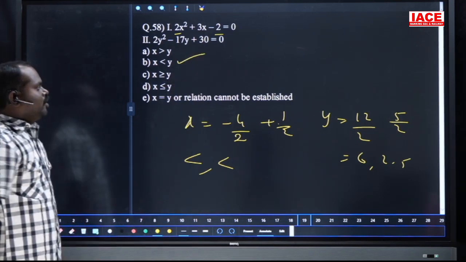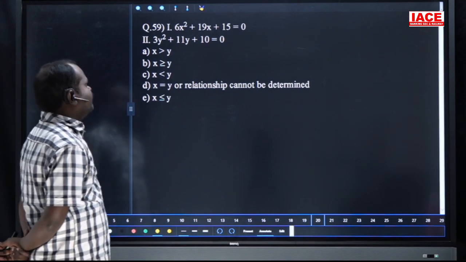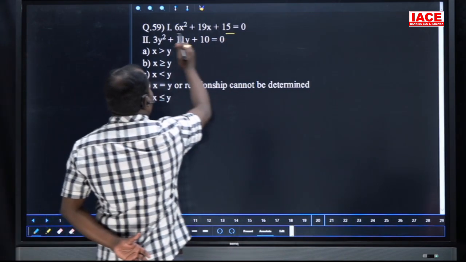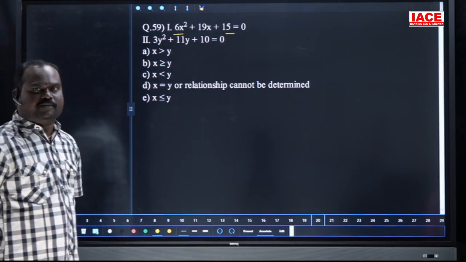Option B. Next, 6x square plus 19x plus 15: 15 times 6 is 90, 10 and 9 make 90, 10 plus 9 is 19.